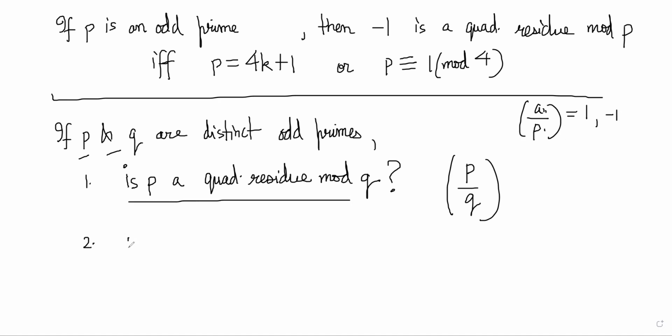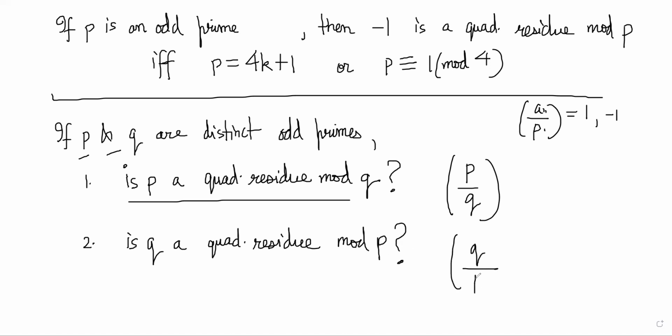And we can ask another question, is Q a quadratic residue mod P, right? And this means that we are asking Q over P Legendre symbol, whether it is +1 or -1, and whether this is +1 or -1.